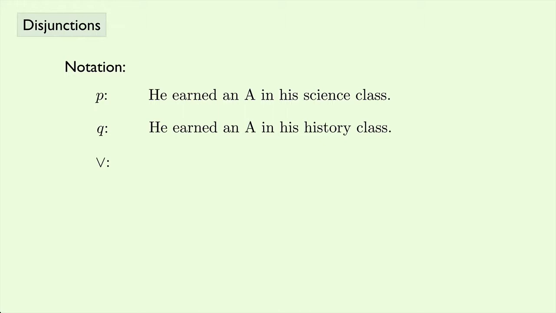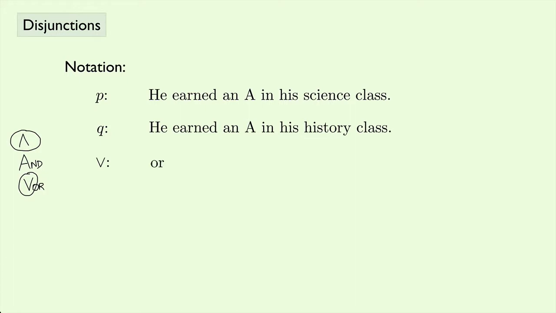So if you remember when we did and, we had something that looked like an A without this middle part. So it was this symbol right here. That kind of reminds you of and. And I guess now we have or. I don't know, that doesn't really make sense. But if you can just remember that this one is for and, and that this symbol right here is for or, then you shouldn't get mixed up.